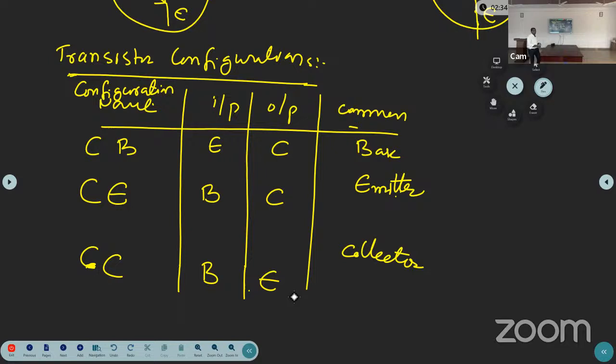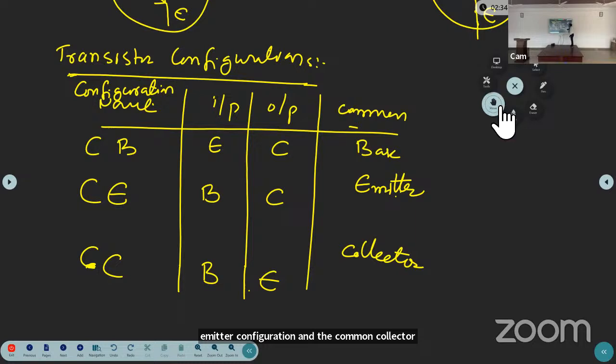Okay, the three configurations: common emitter, common base, common collector. Now we are discussing the working operation of each configuration: the common base configuration, common emitter configuration, and common collector configuration.